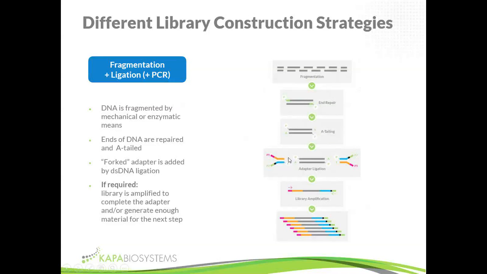And so we first have to create blunt ends, A-tail them, and then we ligate through a process of double-stranded DNA ligation. We ligate DNA fragments with an A-tail to adapters that contain a T-tail. And as I said, the TA cloning just makes the cloning a little more efficient than blunt-end ligation.